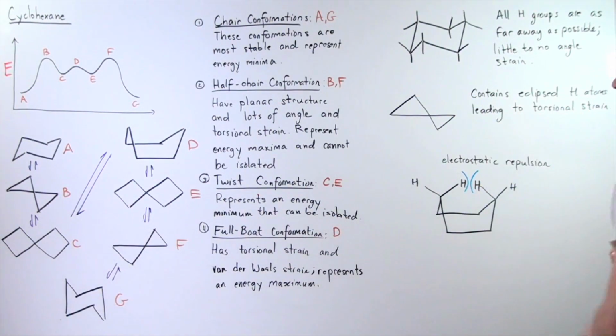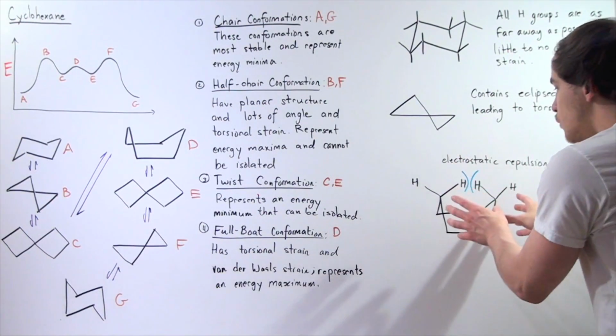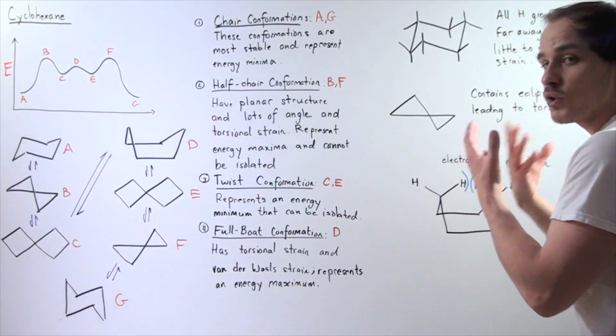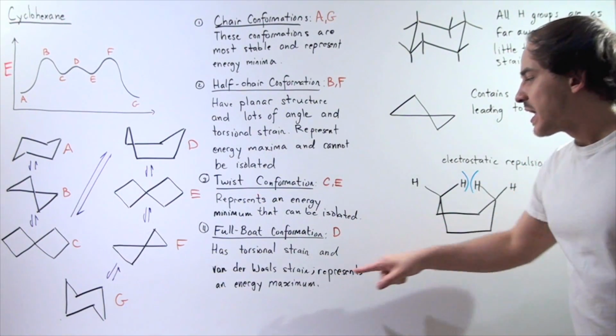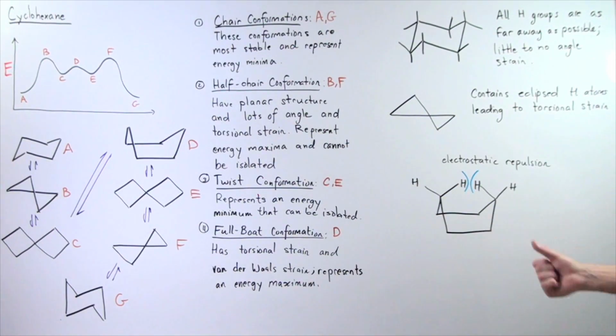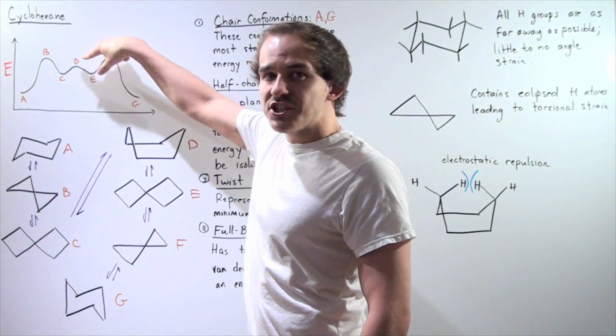And this is known as electrostatic repulsion. The electrons within these two atoms will repel one another. This will create a destabilizing effect. And this is known as van der Waals strain. So this will cause the full boat conformation to exist as a transition state.